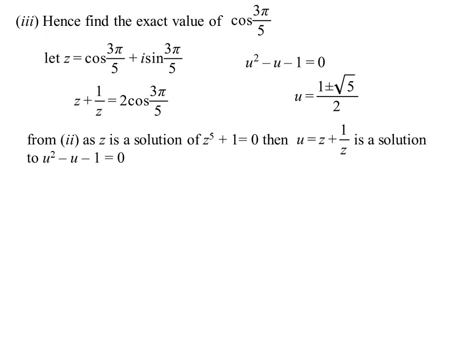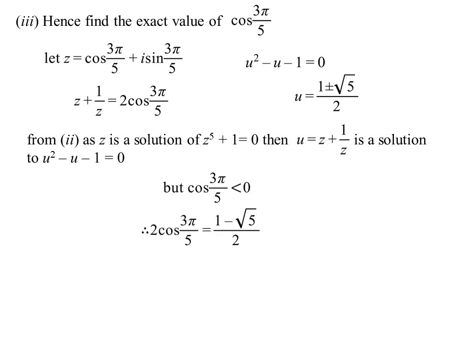So from part 2, z is a solution to z to the power of 5 plus 1. We know that to be true. Then u, which is z plus 1 on z, is a solution to u squared minus u minus 1 is equal to 0. The question is, which solution is it? Is it 1 plus root 5 or 1 minus root 5? Well, let's look at cos 3 pi on 5. 3 pi on 5 is an obtuse angle, so the cosine of it will be negative.